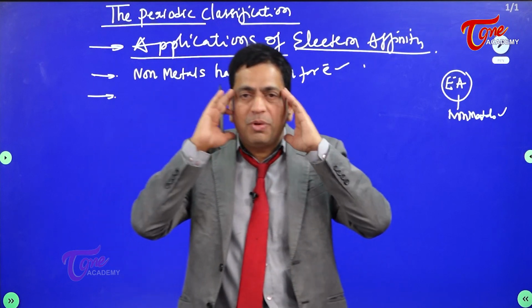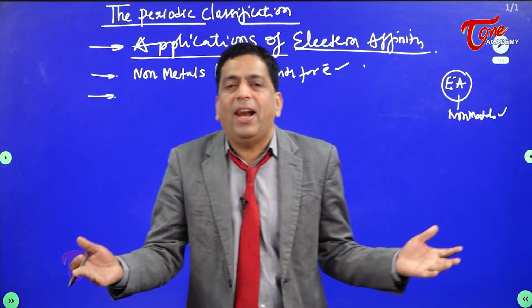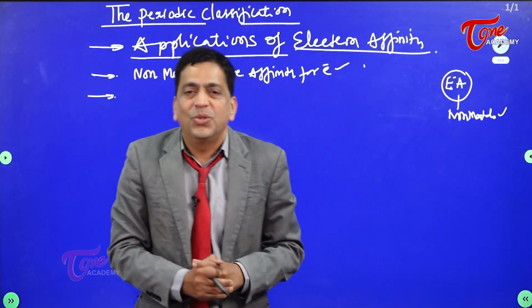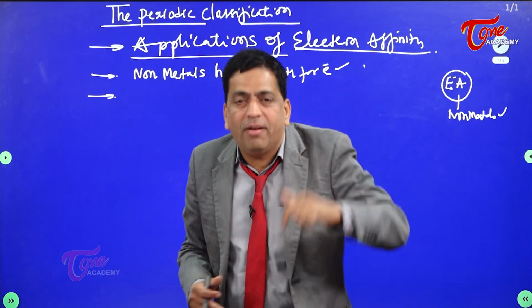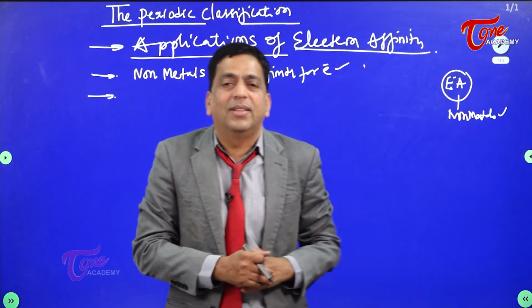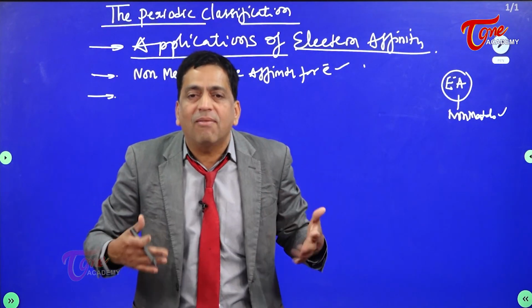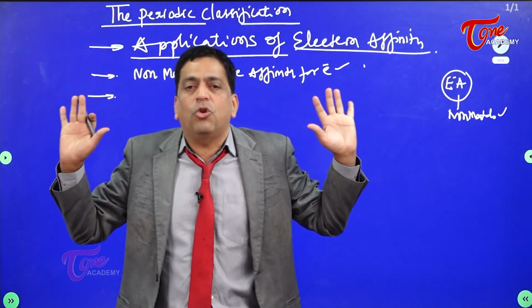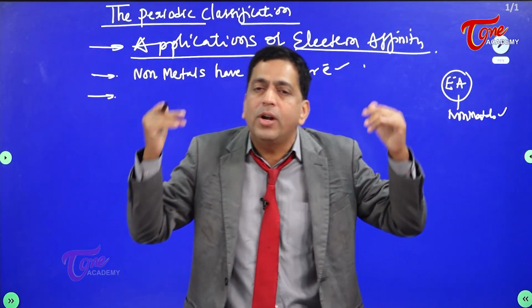This statement needs to be understood properly. When you love electrons, you try to pull the electron from your neighbor. So your neighbor is losing the electron, so it's getting oxidized, and you are reducing yourself.